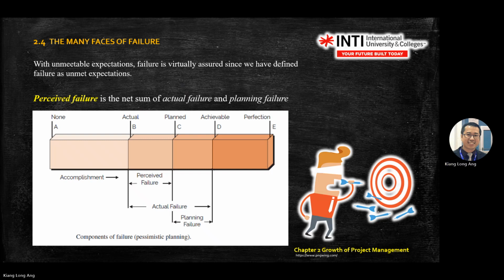Sum of actual and planning. I think it's a wording problem, but it's better you use this graph, this picture to illustrate what is perceived, what is actual, what is planning.